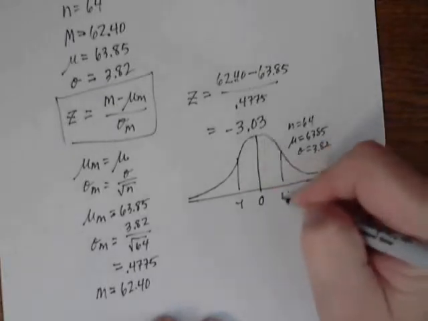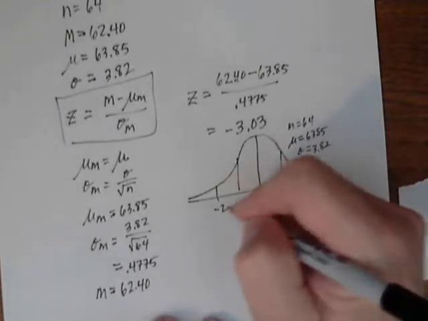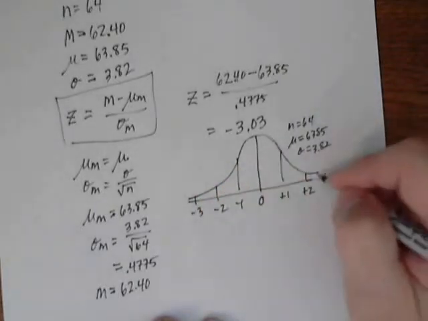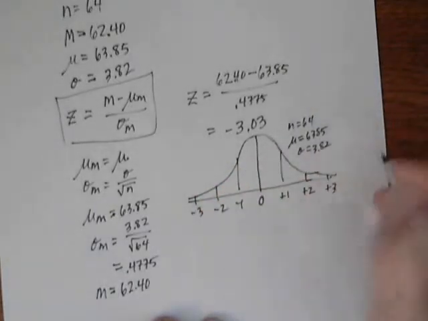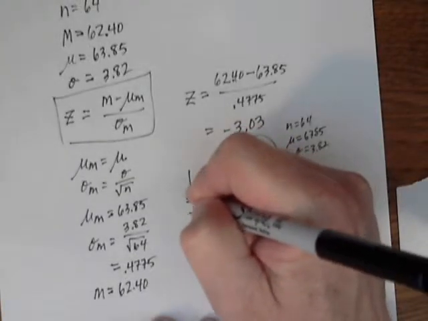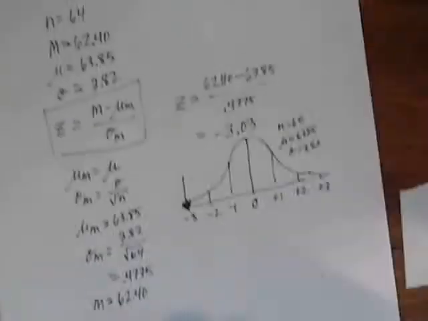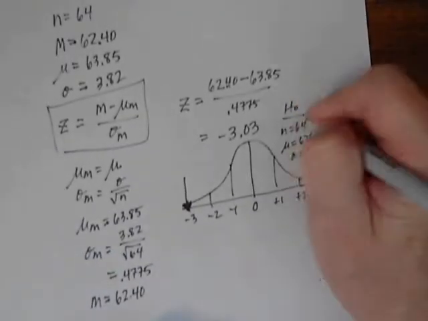Minus 1, plus 1, this is a normal distribution, plus 2, minus 3, plus 3. This is a normal distribution, and our mean, the mean of our sample, came in way out here. These, of course, are the conditions of the null hypothesis.